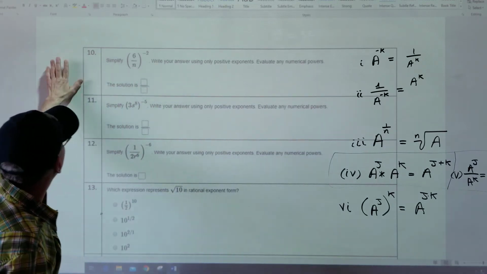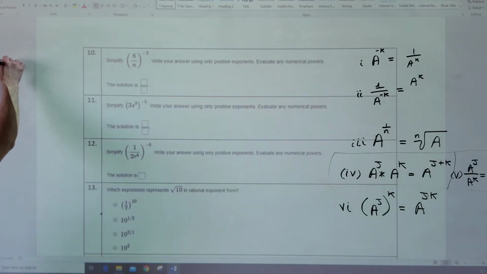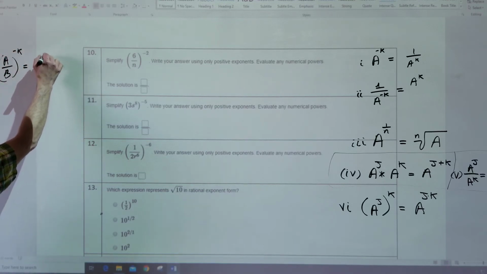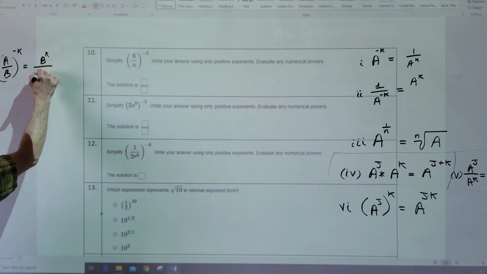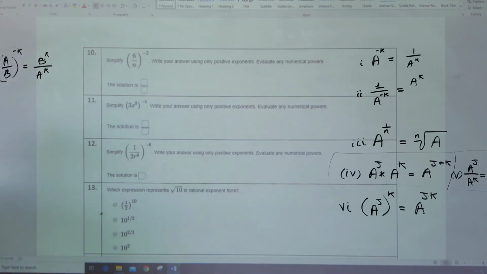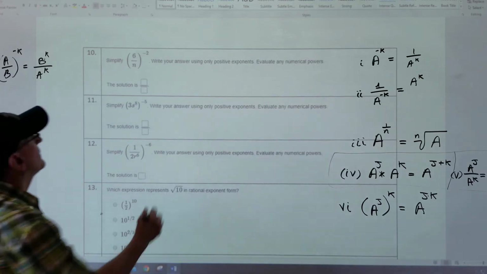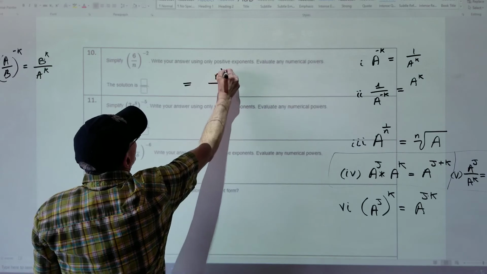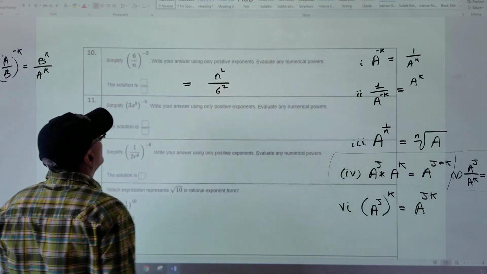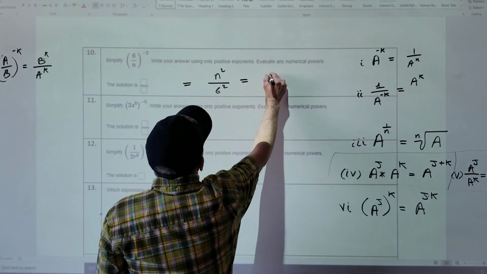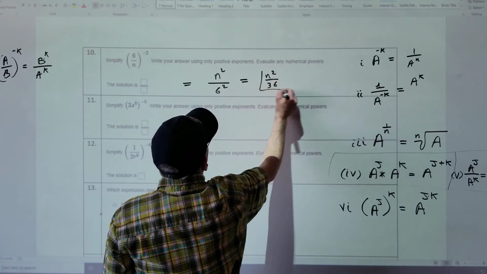So if you're looking for a property here, the property would go something like this. A over b to the negative k power is equal to b to the k power over a to the k power. Like that. So what I'd do with this is I'd write equals n squared up here and 6 squared down there. You could put a box around it and call it done, or you can call it n squared over 36.